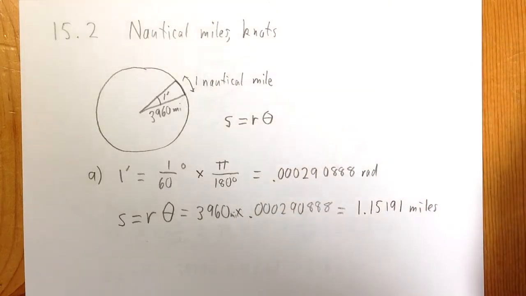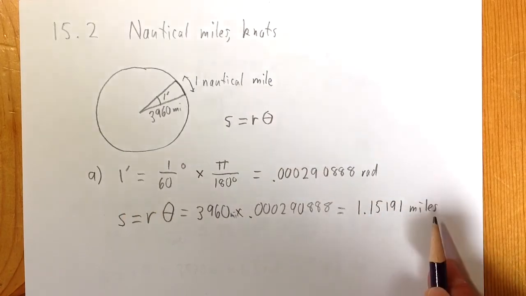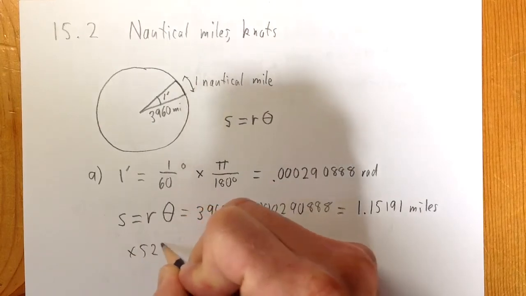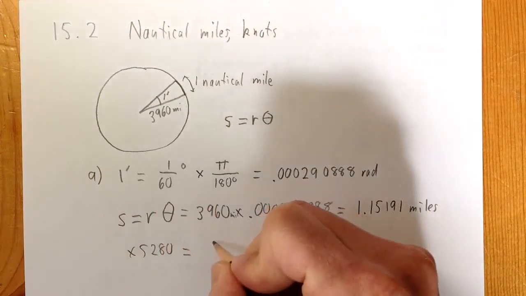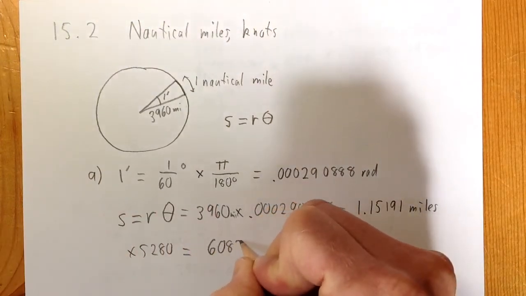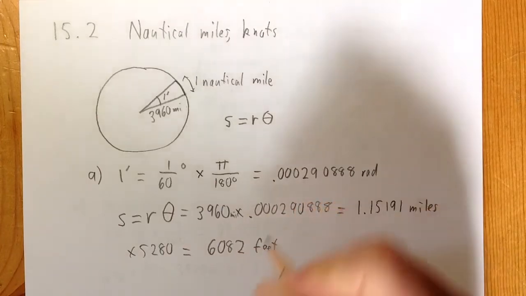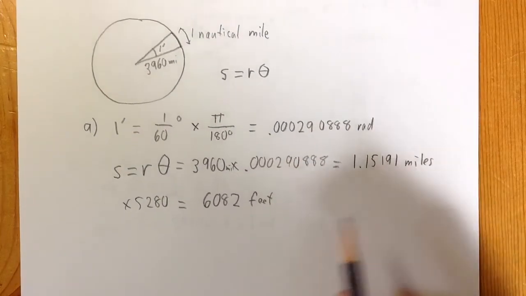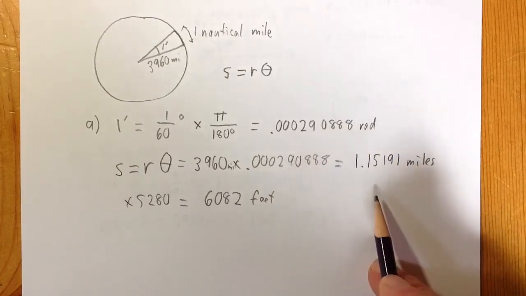So a nautical mile is 1.15191 regular miles. They say within 10 feet, so let's multiply that by 5,280 to get feet. So times 5280, and I get about 6,082 feet. They said the nearest 10 feet, so maybe 6,080 feet. Okay, so that's part A.